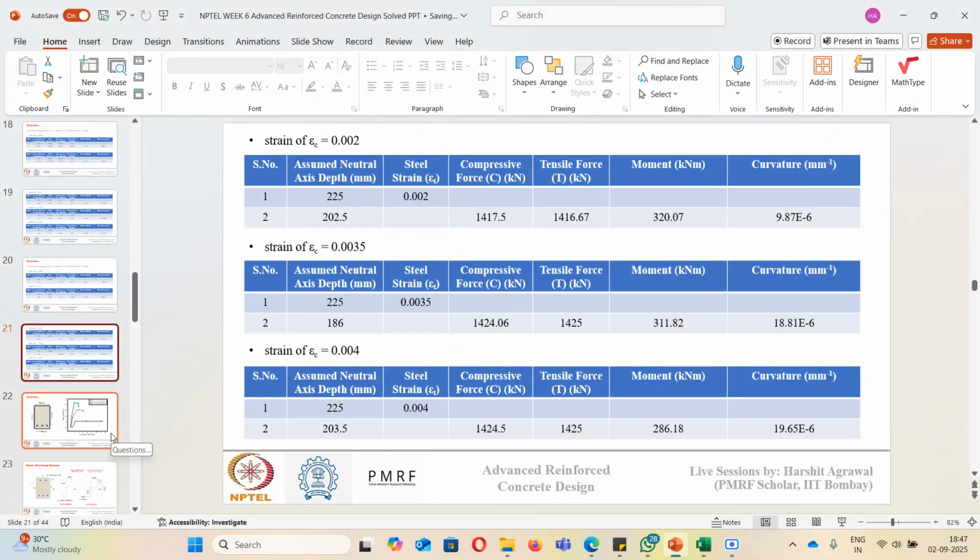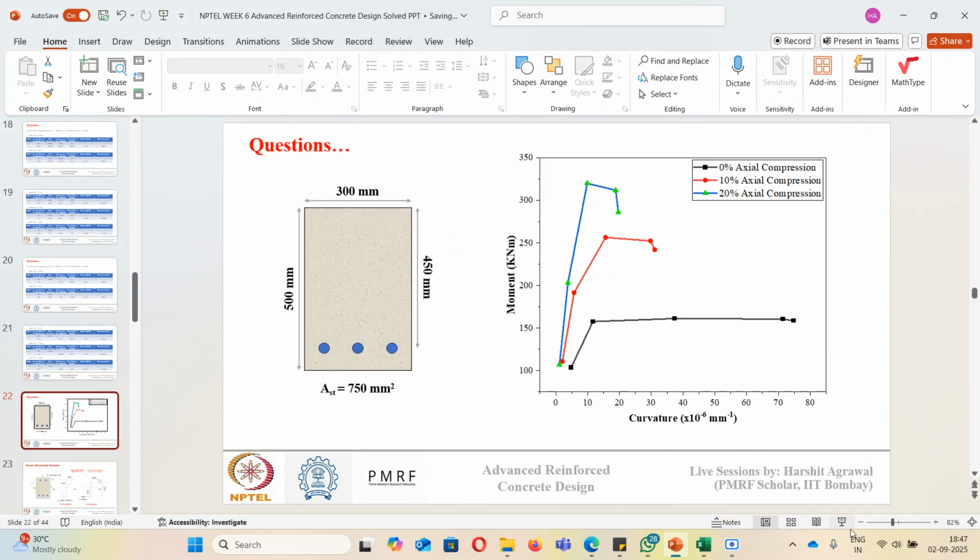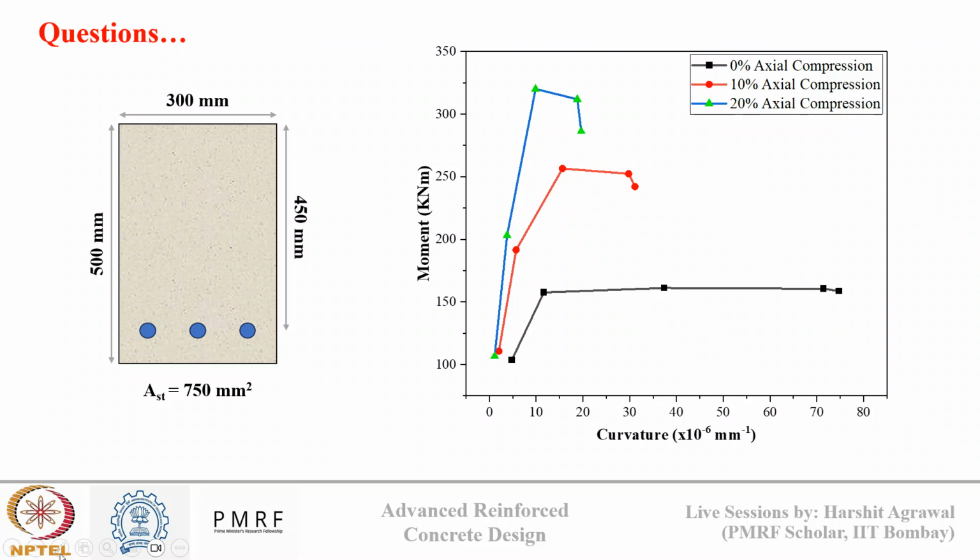And now what do we understand from this? You can see here in this slide. Okay, so this was our element, the reinforced concrete element. Here initially compression was 0%, 10% and 20%. For these three cases you can see how the moment versus curvature profile will look.